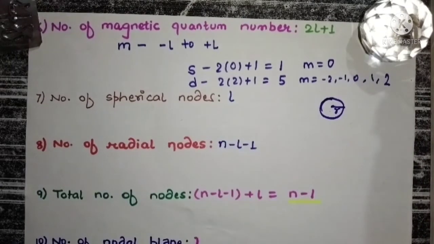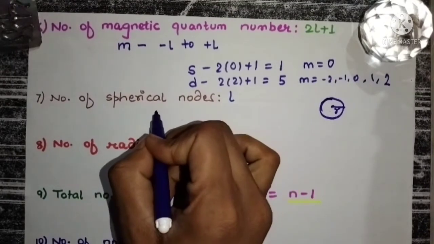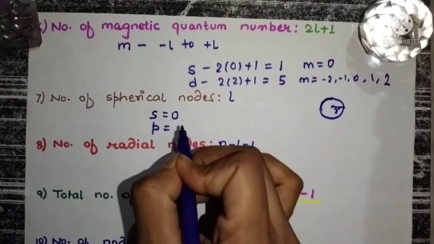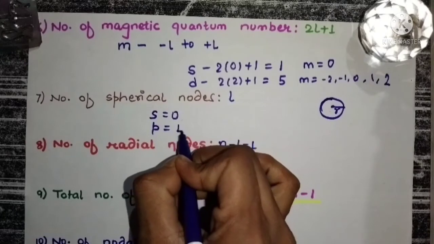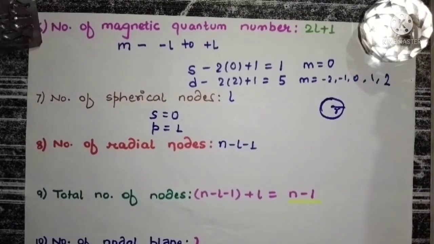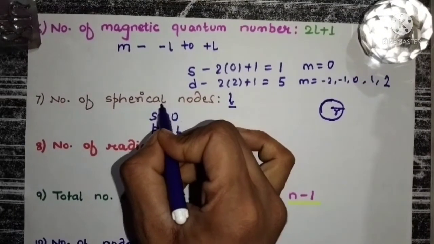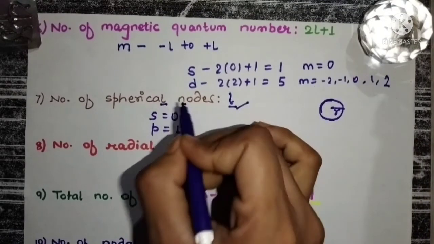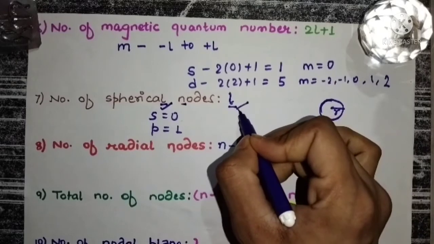So this is the trick to learn this formula: for the S subshell, having 0 L value, the number of spherical nodes is 0. For the P subshell, having L value 1, the number of spherical nodes is 1. So just remember this trick. Spherical ends with L, so you have to use the L value instead of the n value.